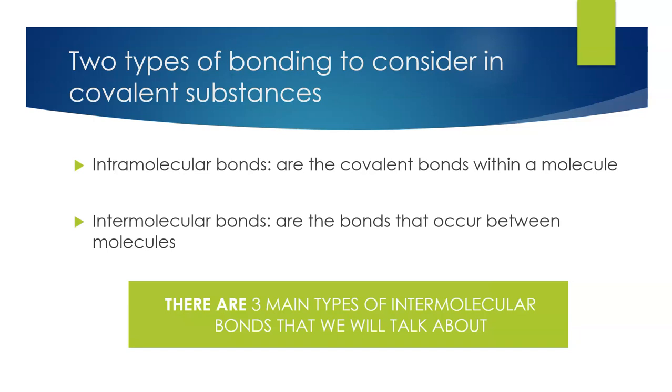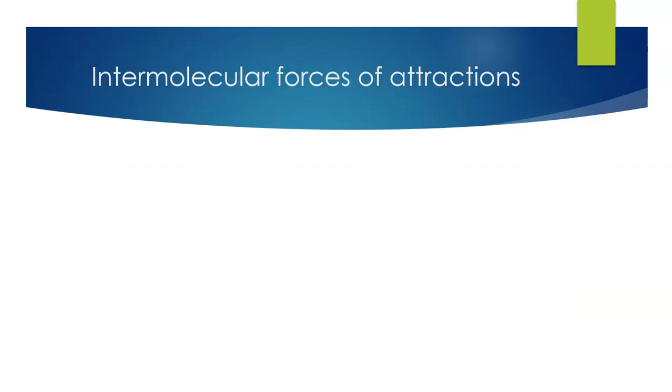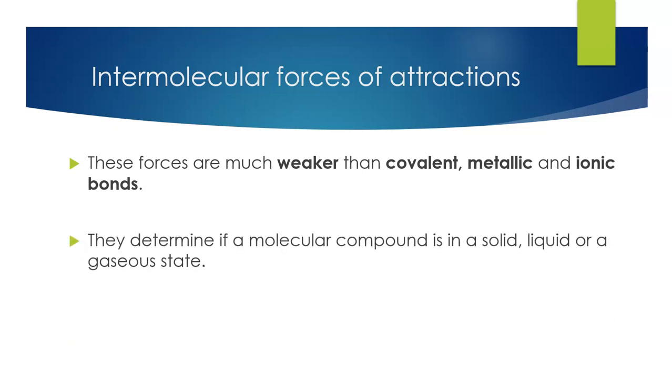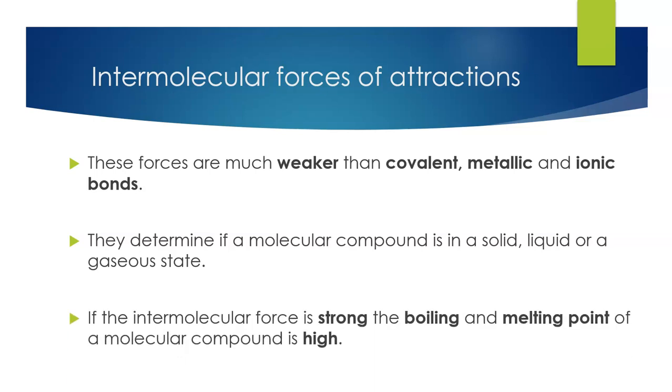So we'll get started though on talking about not just the permanent dipoles that we talked about with polar molecules, but the other types of attractions that we can see. So we already mentioned that the forces are weaker than covalent metallic or ionic bonds. They determine if a molecule is a compound, is solid, liquid, or gas.